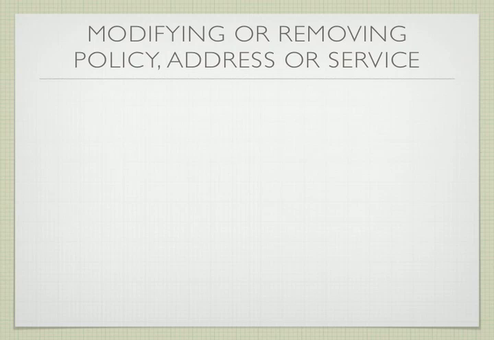Okay, modifying and removing policies, addresses, or services. You can modify these using the set and unset commands on the command line. And in the web, you have the edit option.